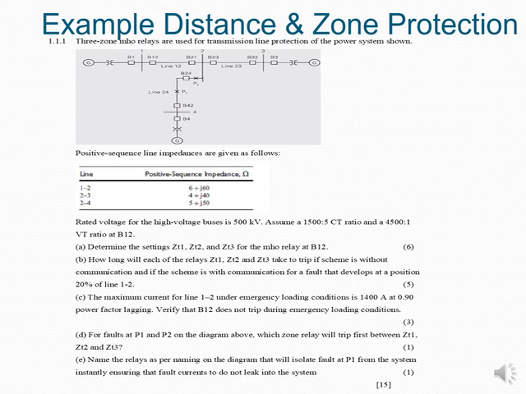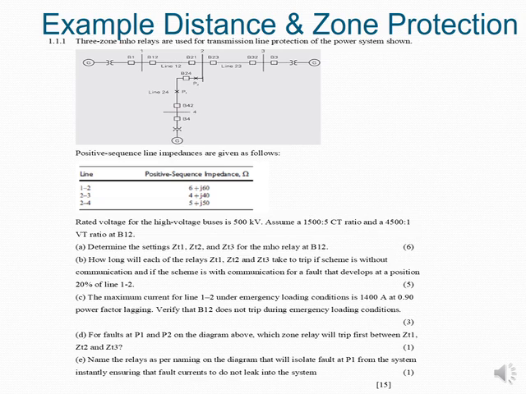So to summarize what we have done, we are now going to do an example. Here's a network that you are now familiar with because we saw it in our first lesson where we were talking about the zones of protection. This time we're going to utilize the same network for our distance protection.